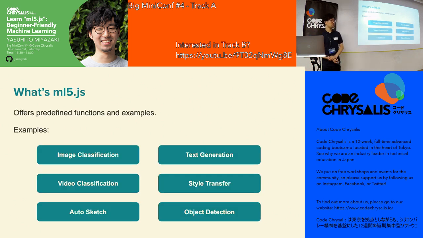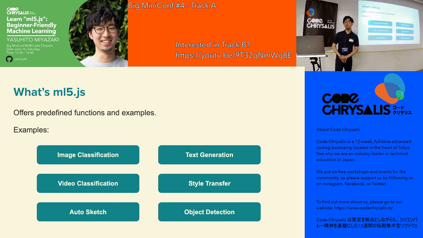And what's ML5? It offers several predefined functions. Let me give you several examples. First of all, it has image classification and video classification. If you provide an image or video using a web camera, it will identify what the image or video is. Or it has auto sketch. If you want your machine learning to draw a cat image, using ML5.js, it will start drawing a cat. They also have a text generation function. It has a bunch of information from Hemingway, the writer.